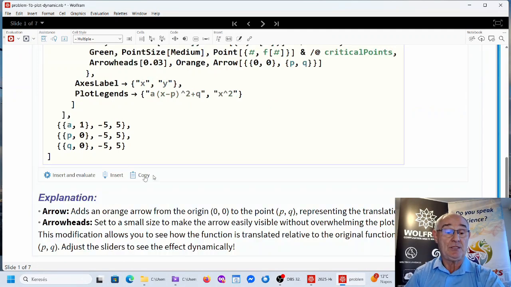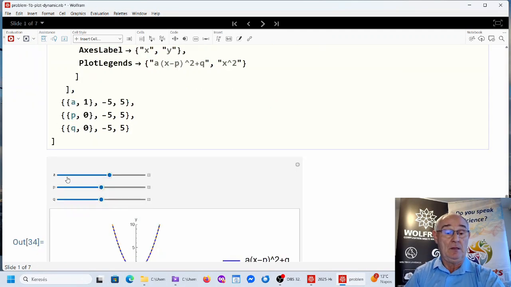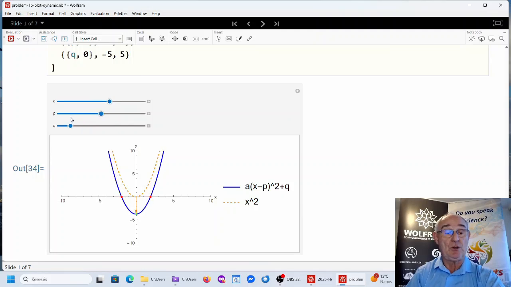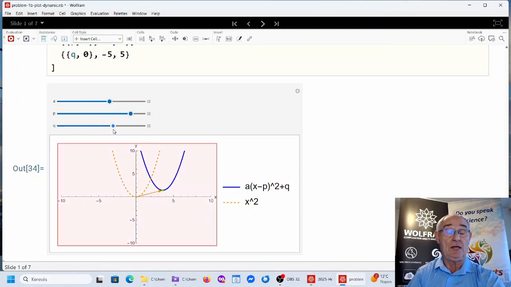I did it step by step. Look at it. The translation vector is drawn. That's pretty. But the plotting error still exists.